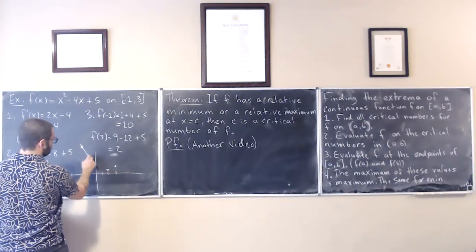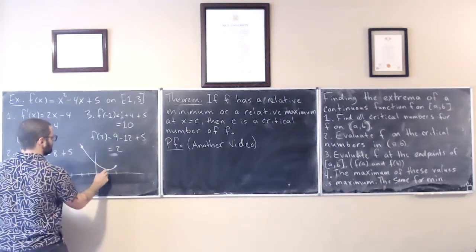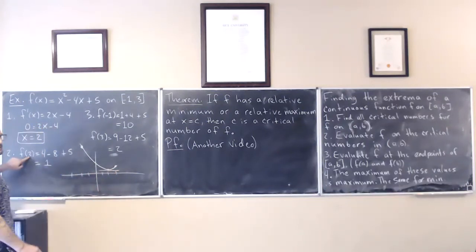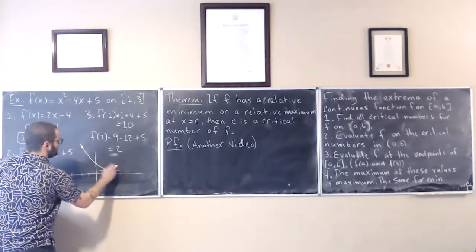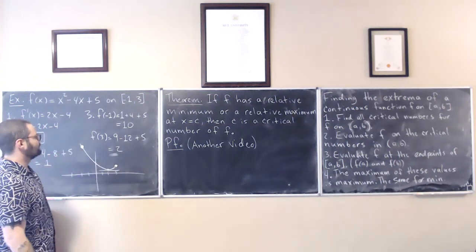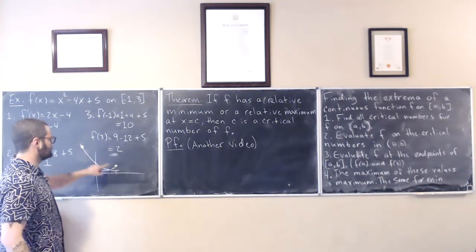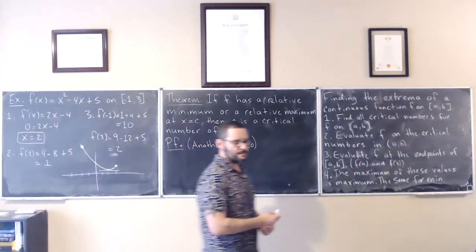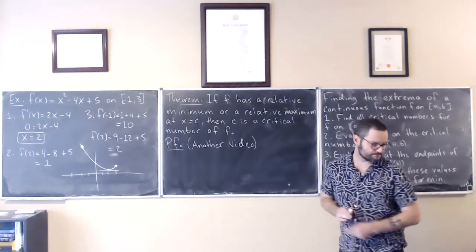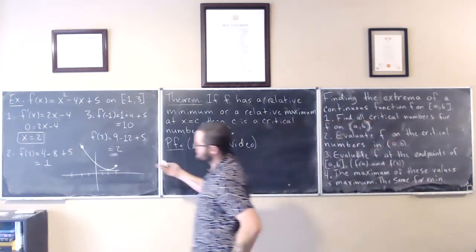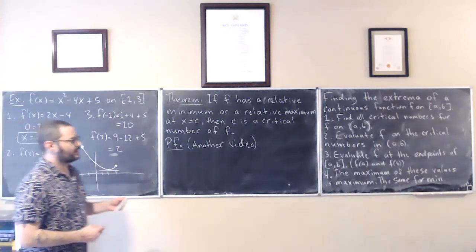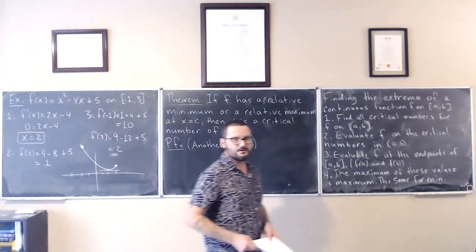So I bet this is a parabola, so it's going to look like that. And here is probably where the derivative is equal to 0. But then at the endpoints, that's the maximum, that's the minimum. So that'd be part 4, it's just to say that those are the max and min.